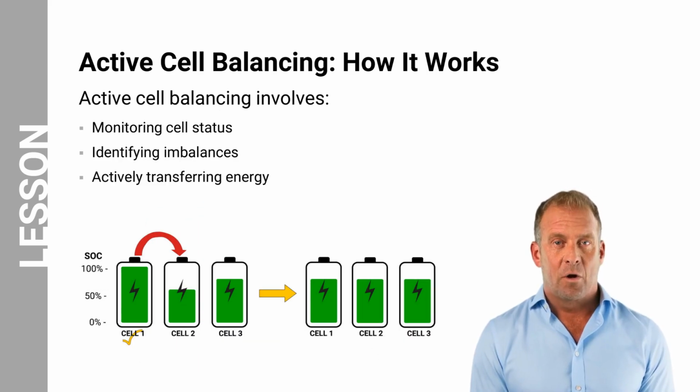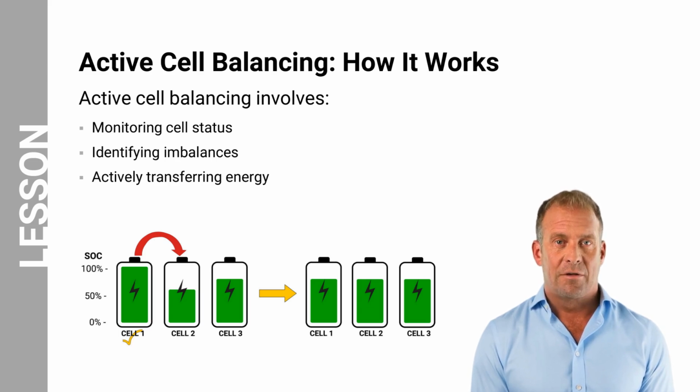Active cell balancing works by monitoring cell status, identifying imbalances, and actively transferring energy. Monitoring cell status. The BMS continuously monitors the voltage and SOC of each individual cell in the battery pack. Identifying imbalances. Cells with higher voltage, indicating a higher SOC, and cells with lower voltage, indicating a lower SOC, are identified.